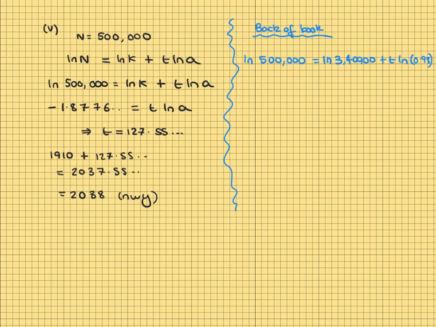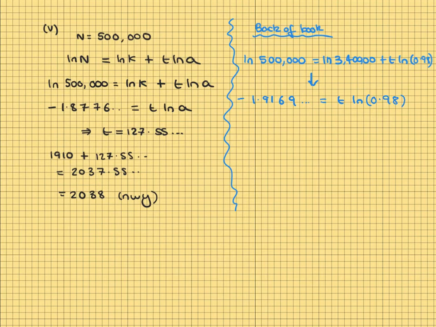Now, if you go from here, let's subtract ln of 3,400,000 from both sides. We get negative 1.9169... equals t multiplied by ln of 0.98.